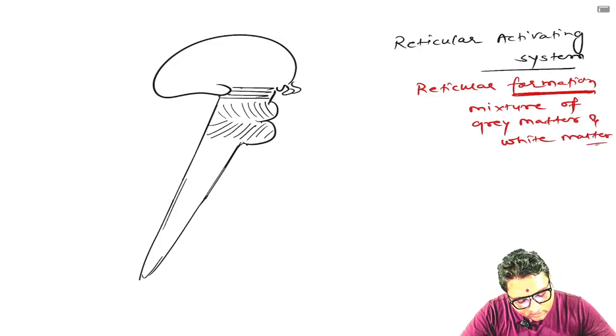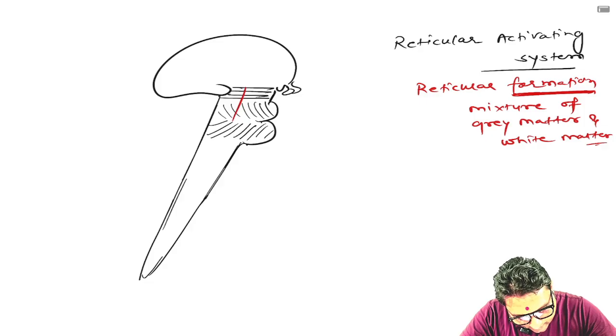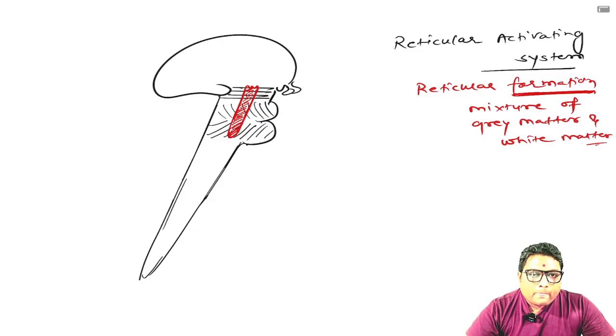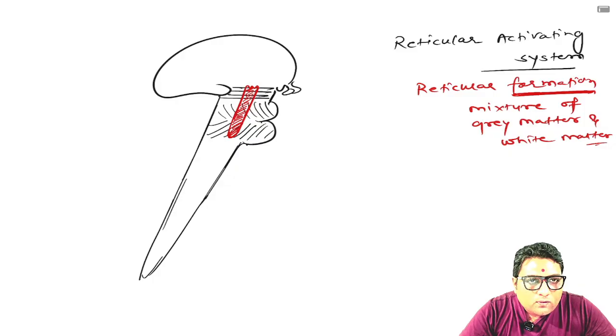And this reticular formation is present throughout the brainstem, a deep, centrally located part of the brainstem, and it is a mixture of gray matter and white matter.